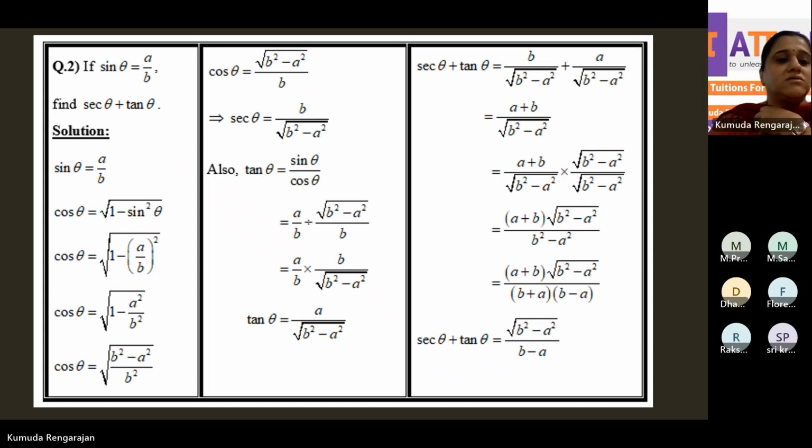Okay. So here, given that sine theta is equal to A by B, find secant theta plus tan theta. So here also you can use the triangle method.